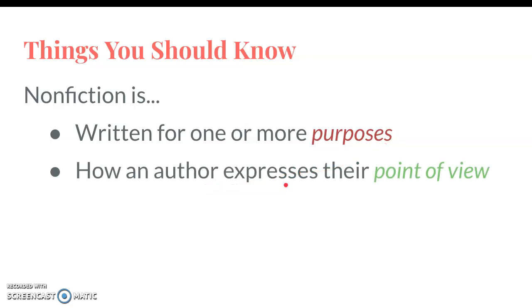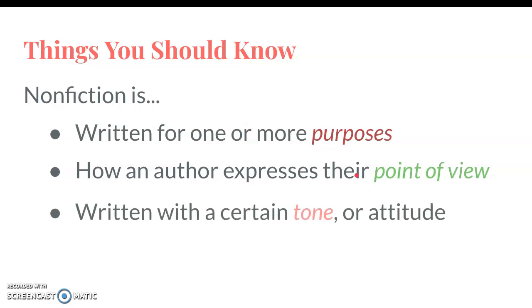Nonfiction is how an author expresses their point of view. So, whenever we have something that we really care about in this real world, one great way for us to share that point of view or that opinion is through nonfiction writing. You can tell what an author's point of view is by looking at their tone. All nonfiction is written with a certain tone or attitude.